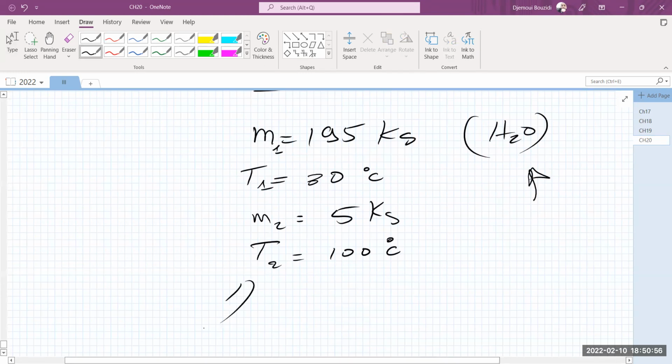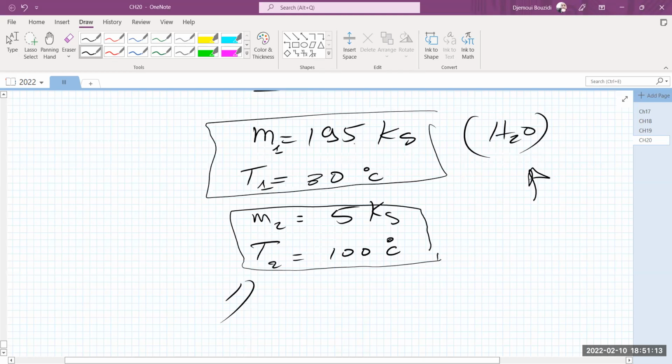Part B, calculate the temperature of the bath after. So when you mix them, remember you do a calorimetry in this case, the heat lost from the hot source is gained by the cold source. The temperature of the cold source goes from T1 to T of equilibrium.